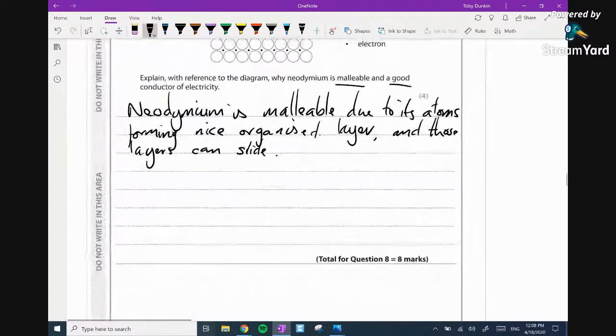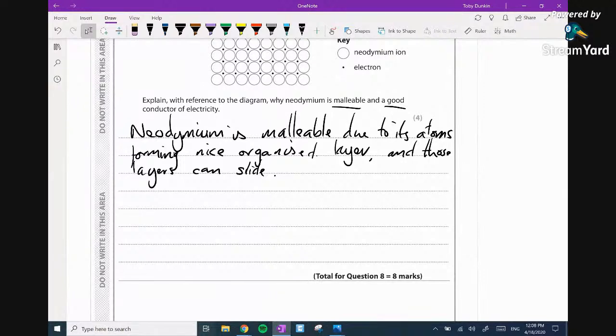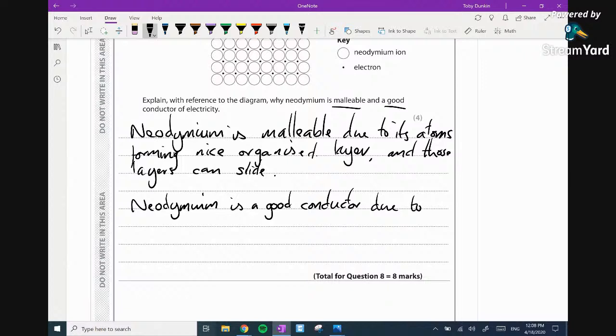Cool, so we've got the first 2 marks. We've got they're in layers and it can slide. We then need to say neodymium is a good conductor due to it having a sea of delocalized electrons, that's going to be a mark, a sea of delocalized electrons that can flow.